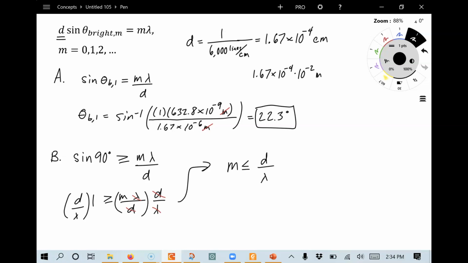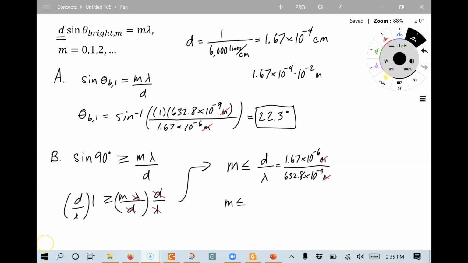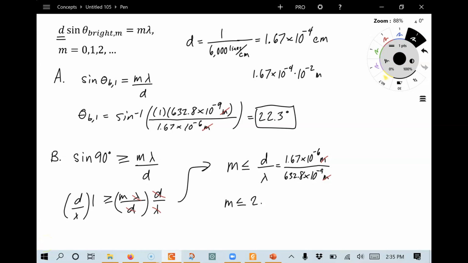In this case, we know what our d value is. It is 1.67 times 10 to the minus 6th meters divided by the wavelength, which is 632.8 times 10 to the minus 9th meters. Now our meters cancel, and we get a value of m less than or equal to 2.64.